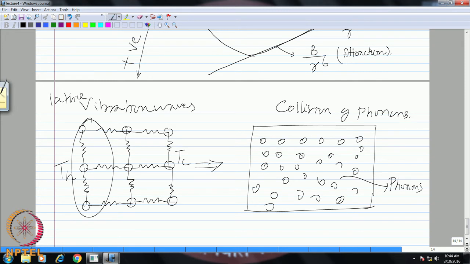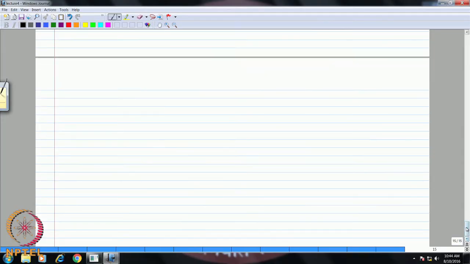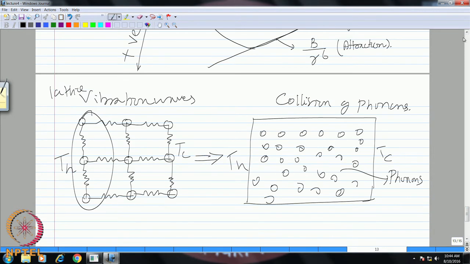You can treat this as phonon gas, just like you are treating gas molecules and you are talking about collision and transport of energy from the hot side to the cold side. So, you can look at both pictures. We can derive the corresponding thermal conductivity and so on, looking at both pictures, and still you will get reasonable agreement between the two.